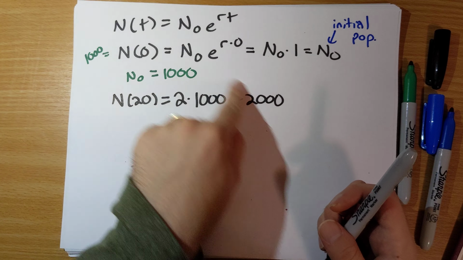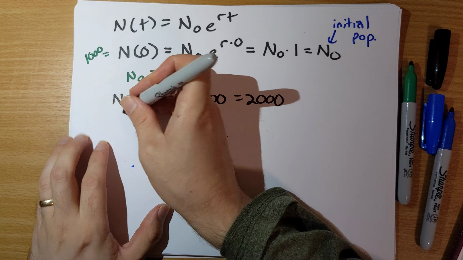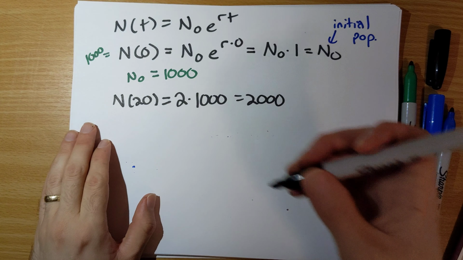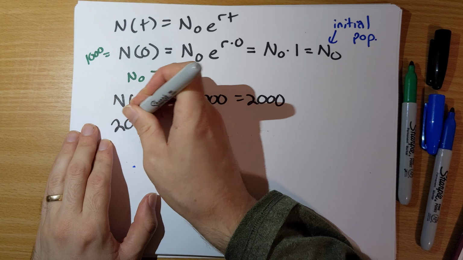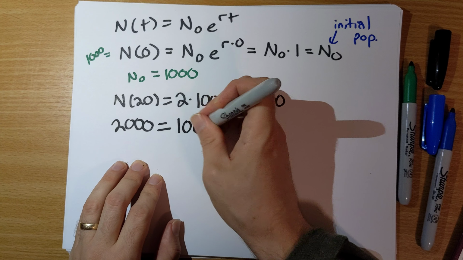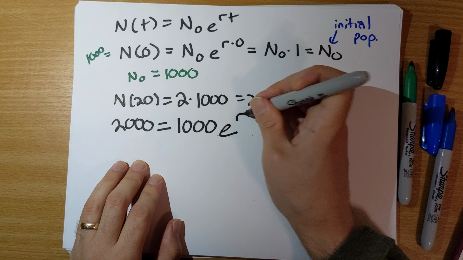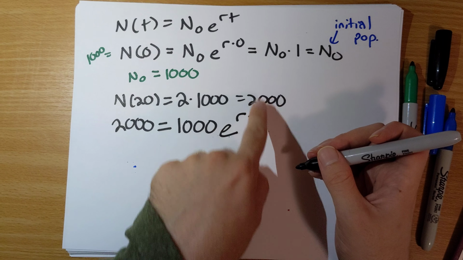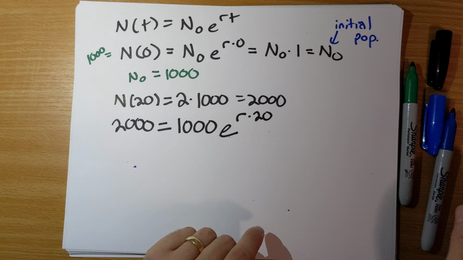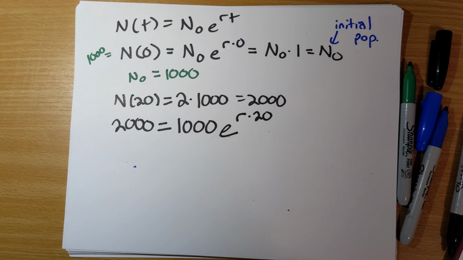Okay, so let's plug that in here. From our formula, N of t is N naught e to the rt. 2,000 is equal to N naught, which we know is 1,000, times e to the r times t, which in this case is 20. So now we have to solve this equation: 2,000 is equal to 1,000 e to the 20 times r.